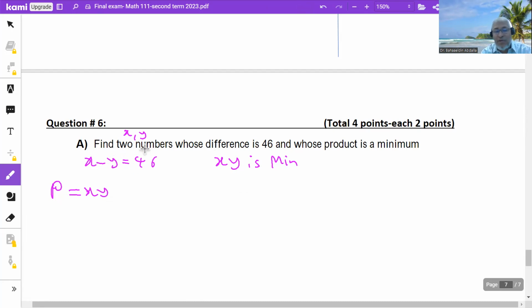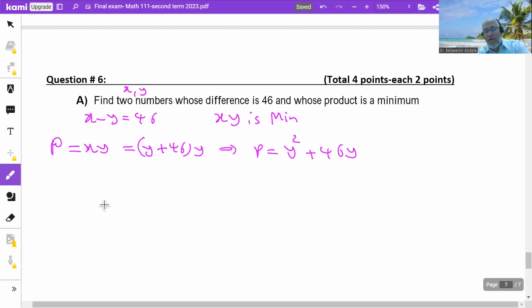From this equation, if you take y to the other side, I can write x is y plus 46. So my function is P equals y squared plus 46y. Or you can replace y by x and make it a function of x, not in y. Both are correct.